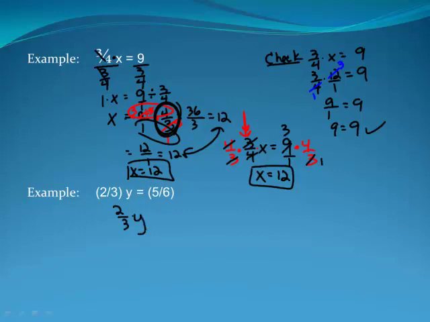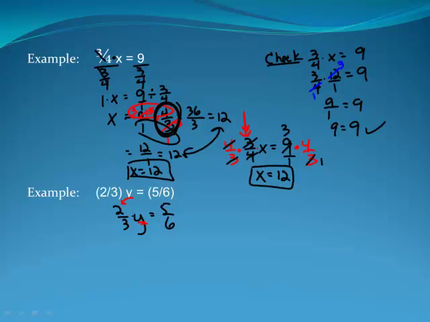So let's look at this example. 2/3 times y is equal to 5/6, and use that shortcut. You can certainly do it longhand if you want. Look at the fraction that is being multiplied to the thing you're trying to solve for, in this case a y. Take the reciprocal of that fraction.